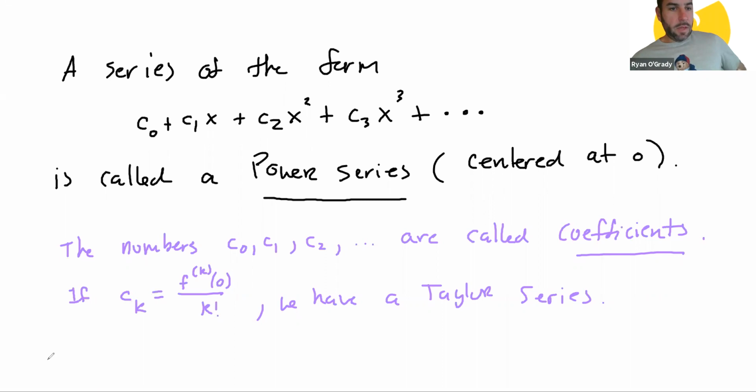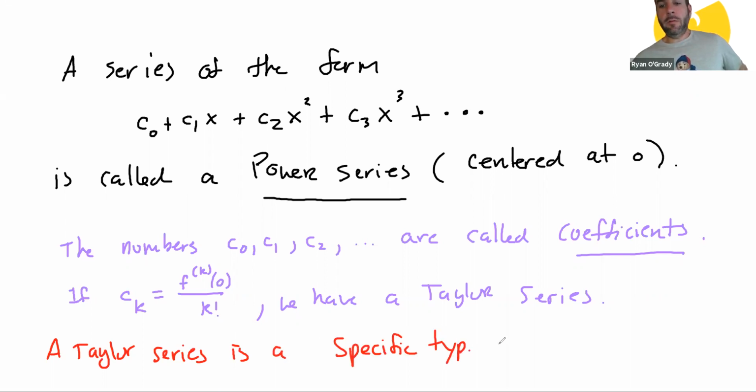A Taylor series is a specific type of power series. So again, it's like the rectangle and square analogy. Every Taylor series is a power series, but not every power series is a Taylor series.